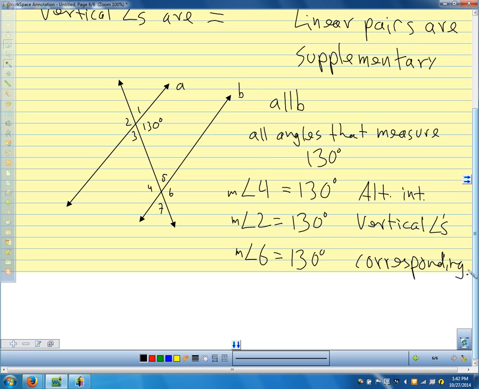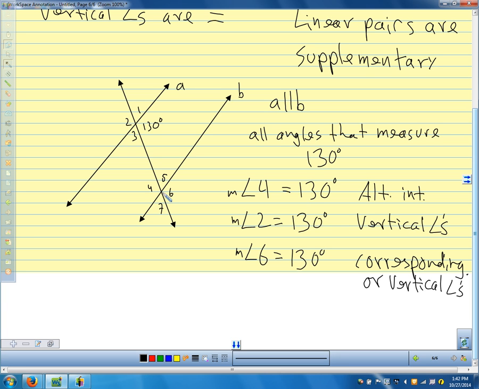Corresponding angles are usually the ones that are hardest to remember. That's the only pair of angles where one is inside and one is outside the parallel lines. So that's another little clue that you could use. But we could also say the corresponding angles or vertical angles, because we decided angle 4 was 130 degrees, so angle 6 has to be 130 degrees.